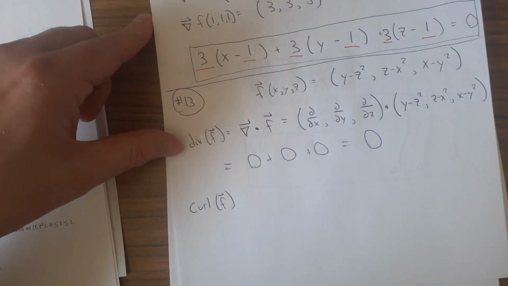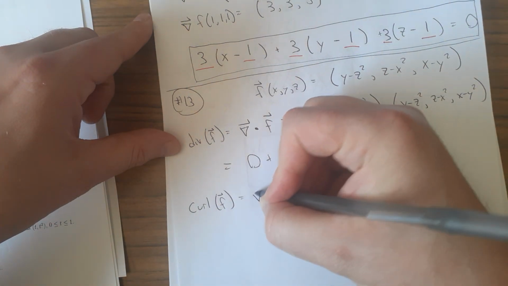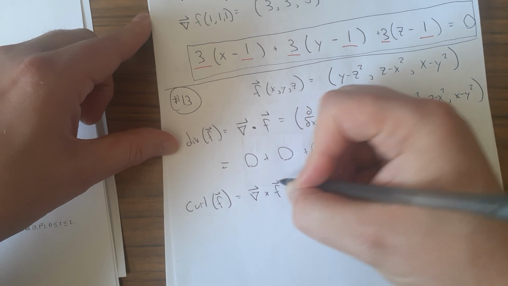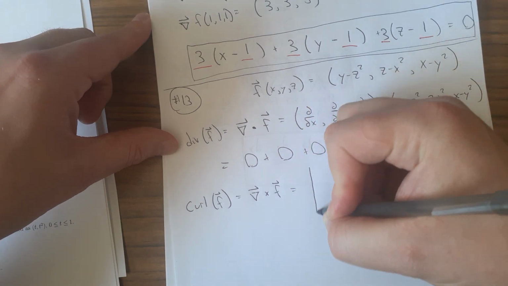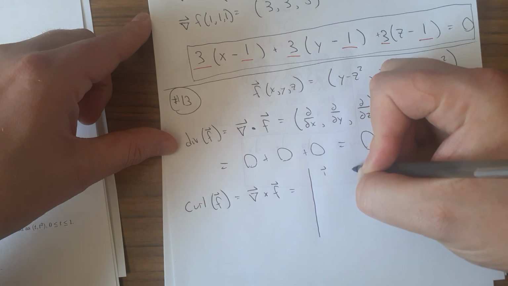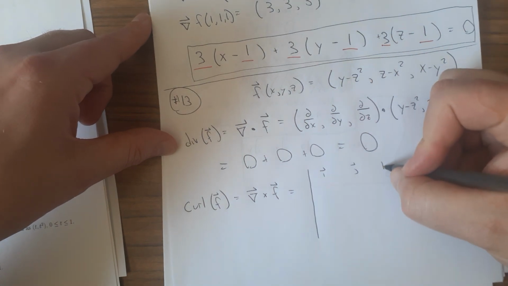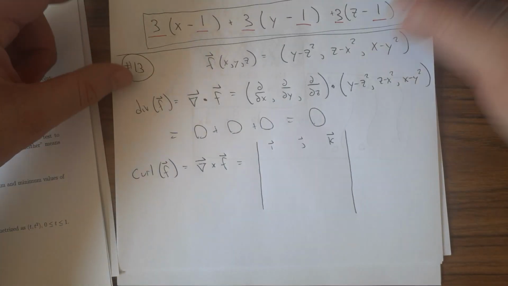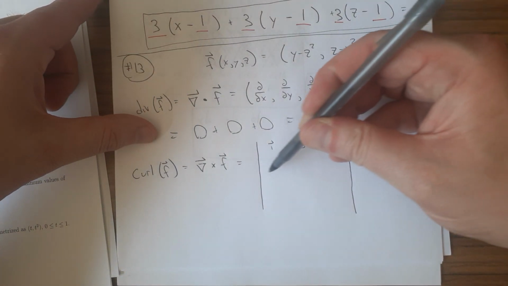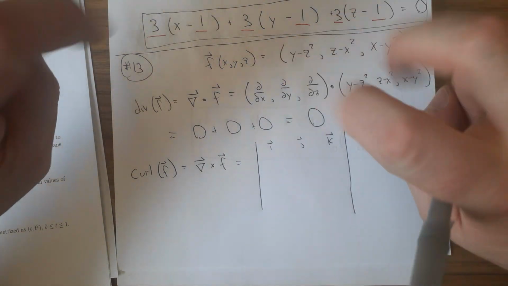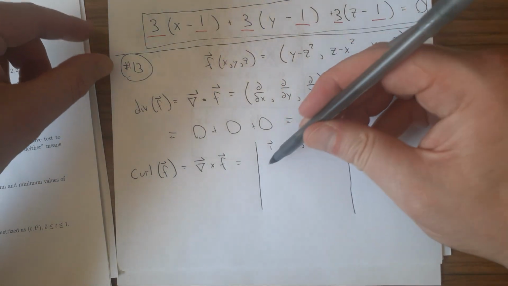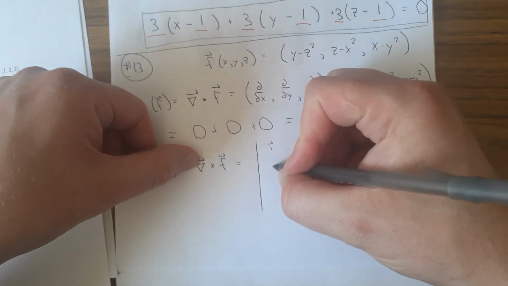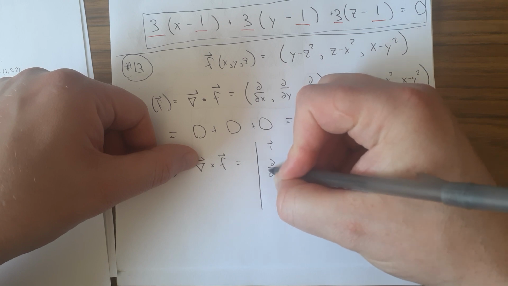We want to do the curl as well. Curl is this operator cross product f. So how do I do cross products? I go i, j, k. I'm going to put the first quote-unquote vector here, and I say quote-unquote because this is our friend the fake vector.